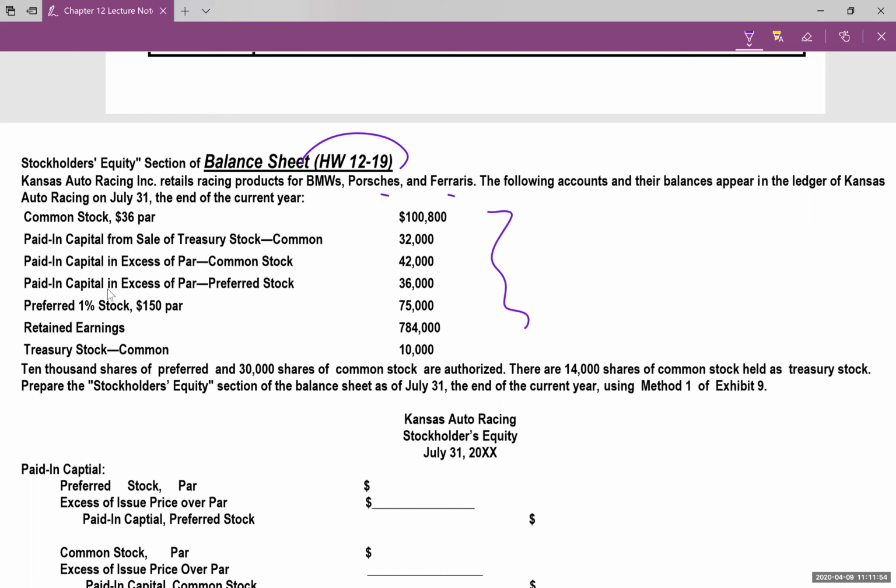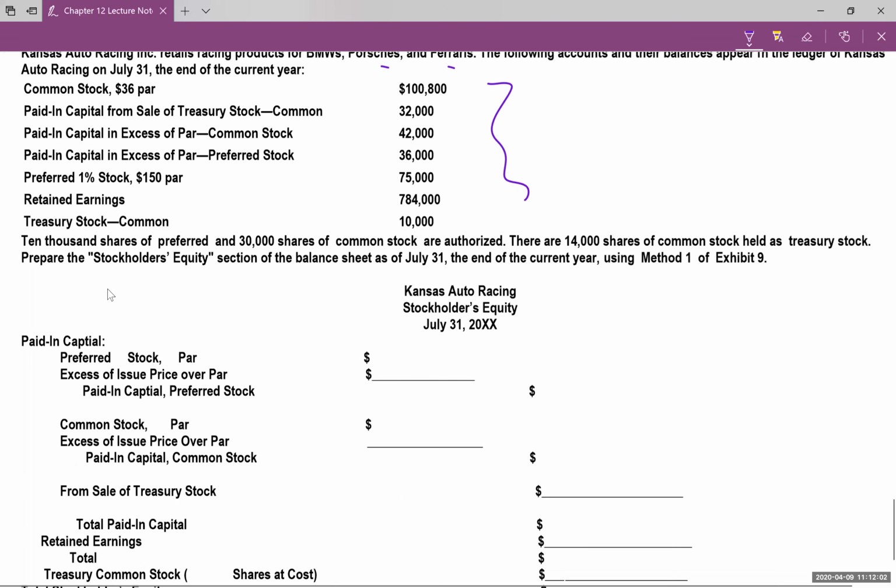We got paid in capital from treasury, paid in capital common, paid in capital preferred. Here's the preferred stock, treasury stock, retail. Also important information, 10,000 shares of preferred and 30,000 shares of common stock are authorized. 14,000 is held as treasury stock.